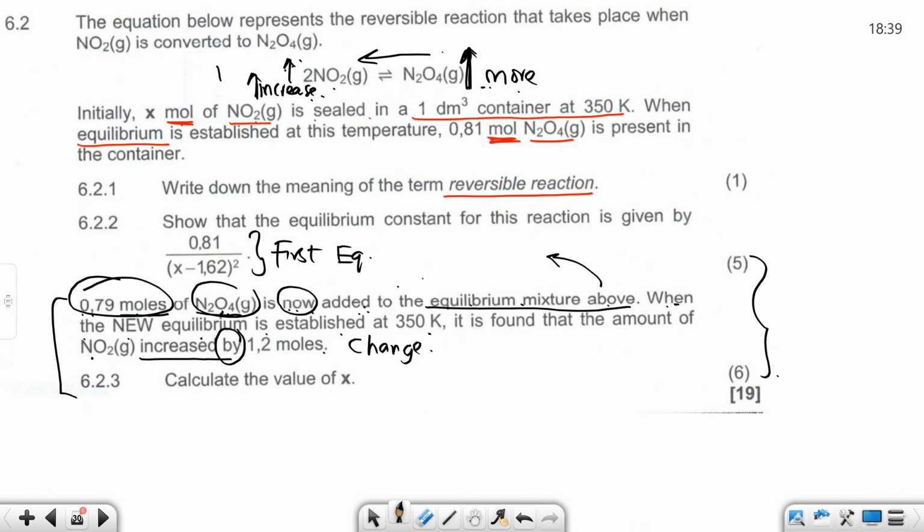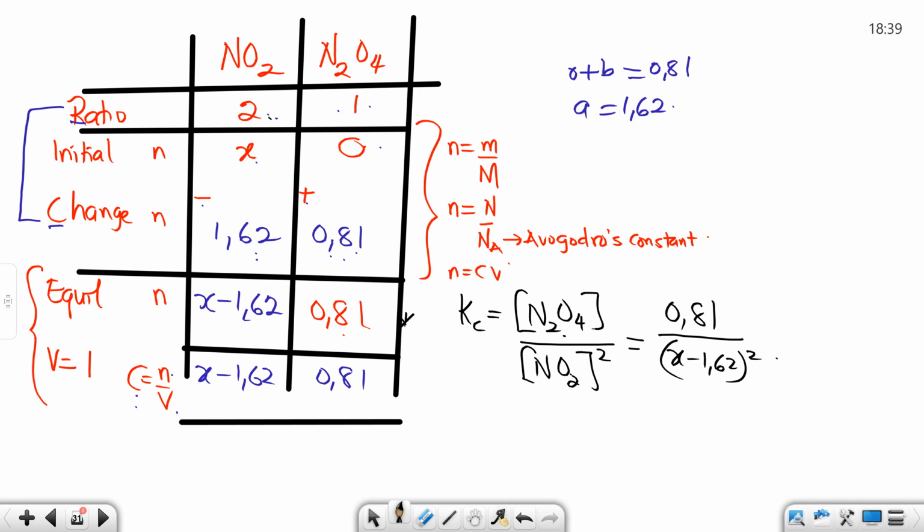I want you to take the words of Le Chatelier's principle and go through, don't just define. When a system at equilibrium is disturbed, the system will reinstate a new equilibrium. So, this is the first equilibrium.